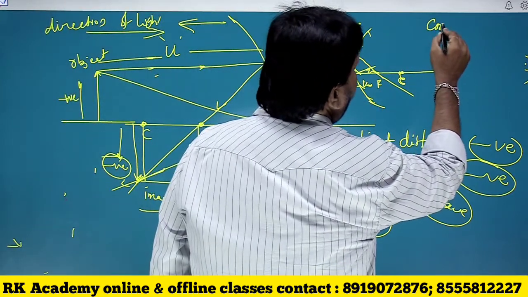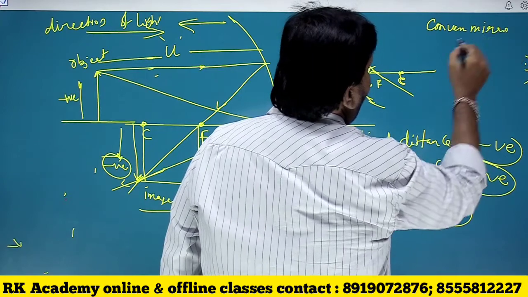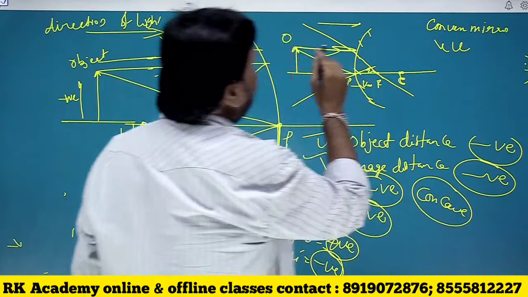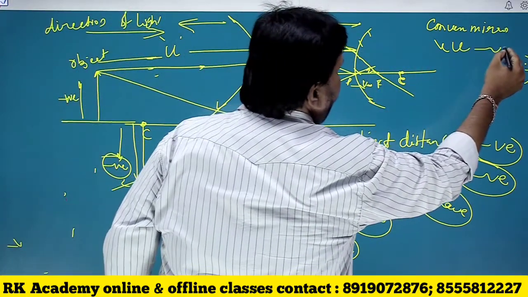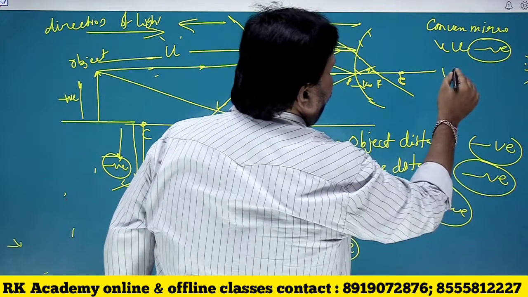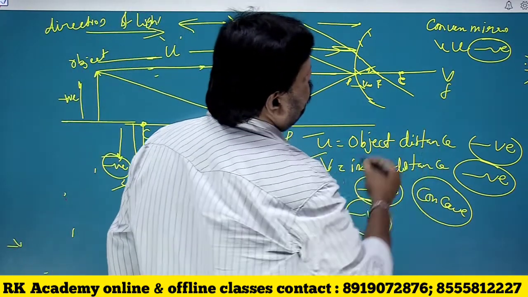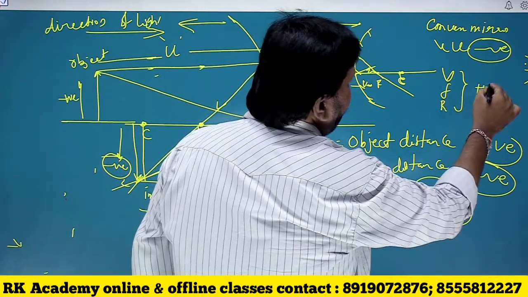For convex mirror, U is to be taken negative, because both are against. Next, V image distance, F focal length, and R, all these will be taken positive.